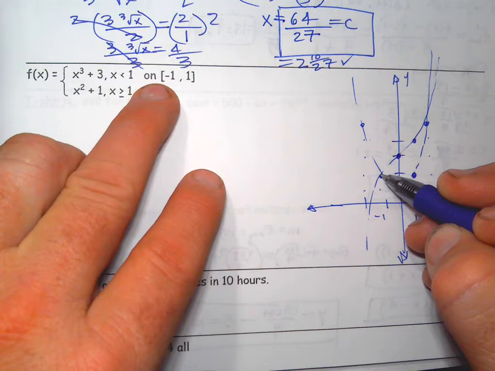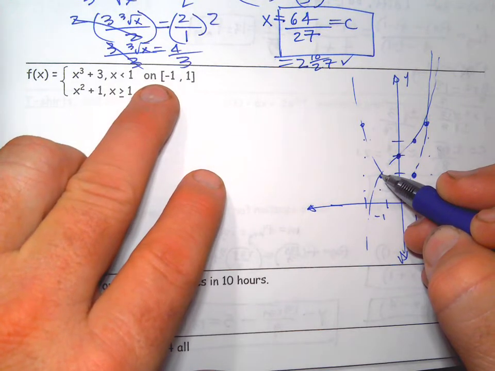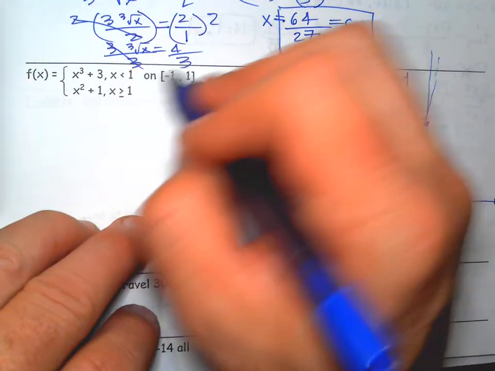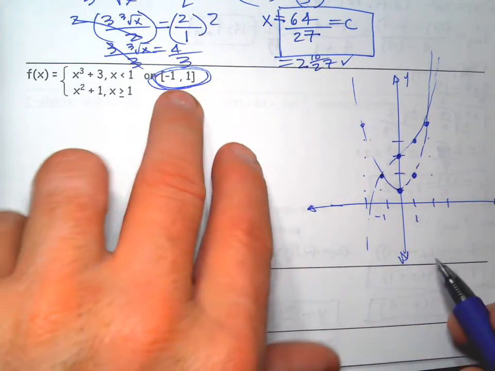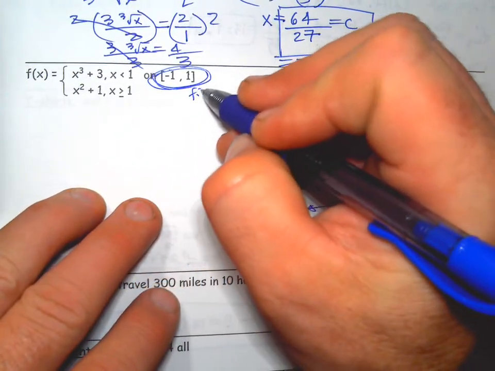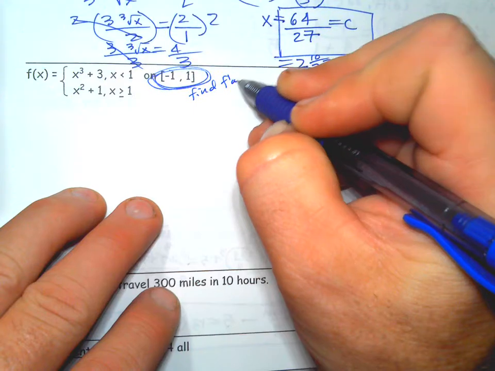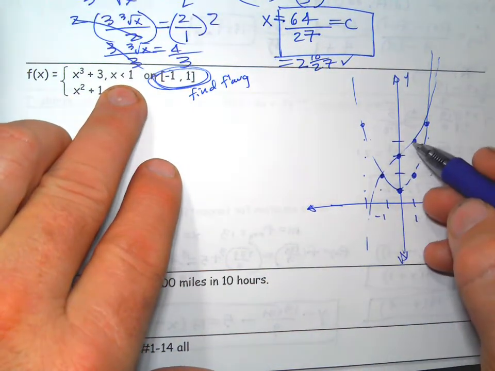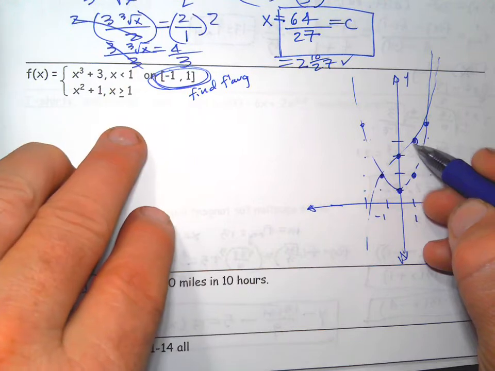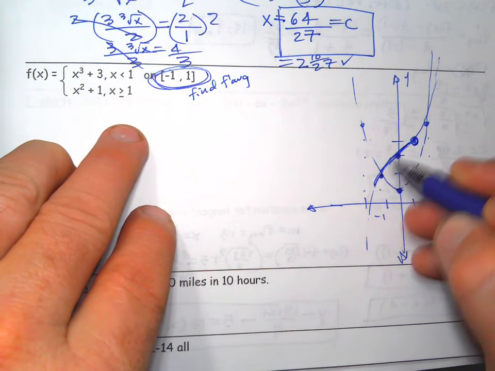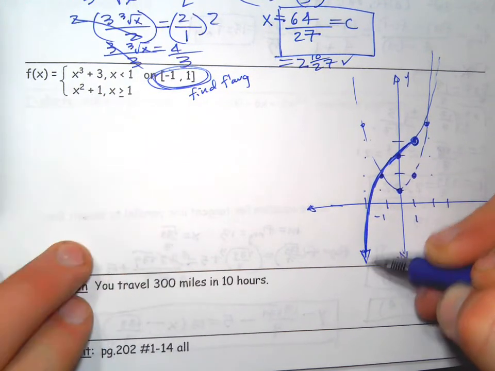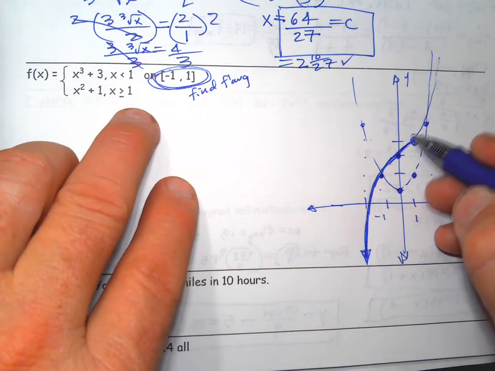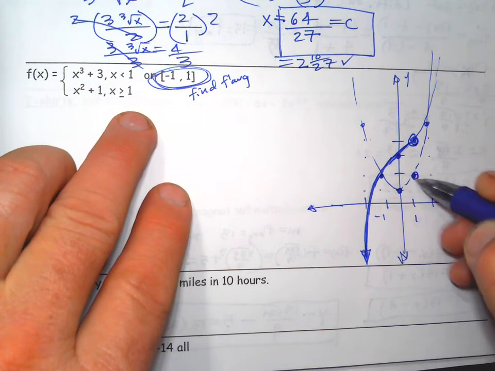Solid dots, it says. Well, no, okay, never mind. This is the endpoints for the whole thing. This is where we're going to try and find f prime average for. So for 1 to the left, it's the cubic with an open dot. Okay, and then at 1, it's a solid dot, and it follows a parabola.